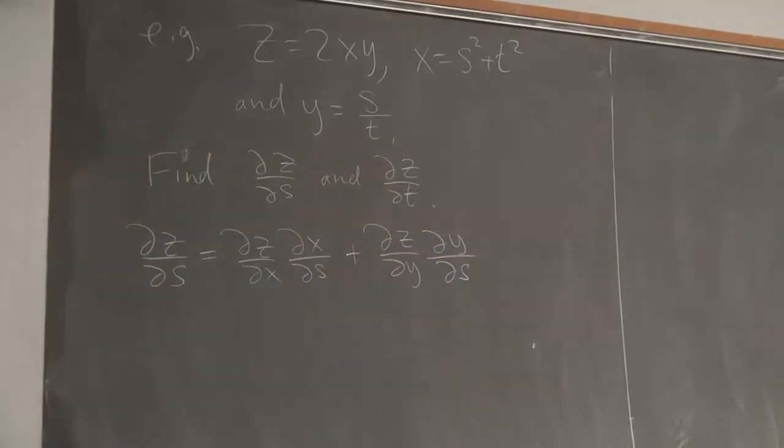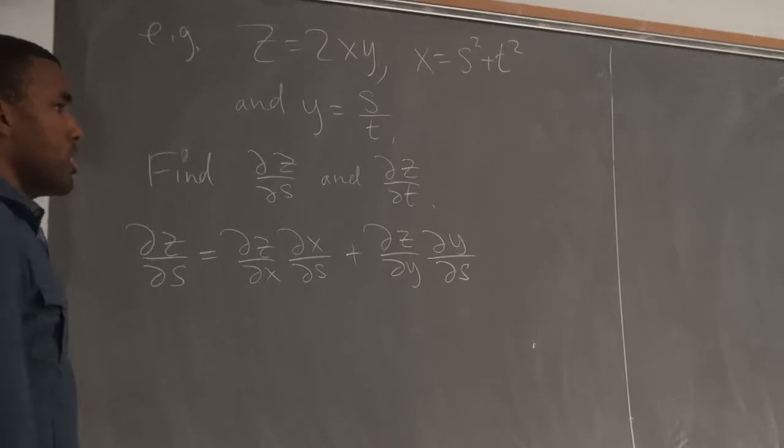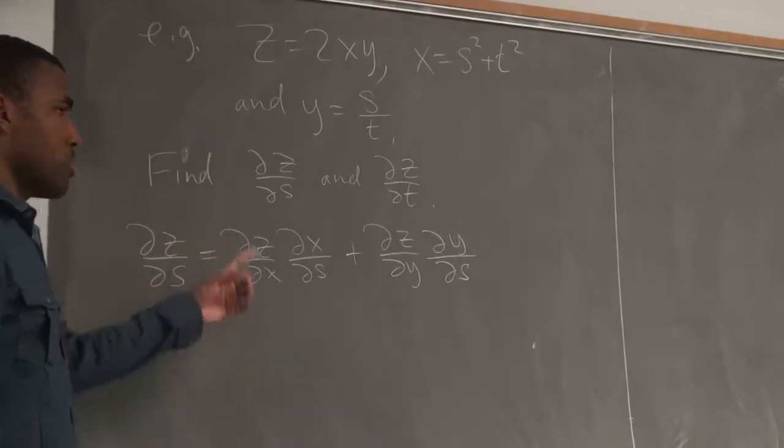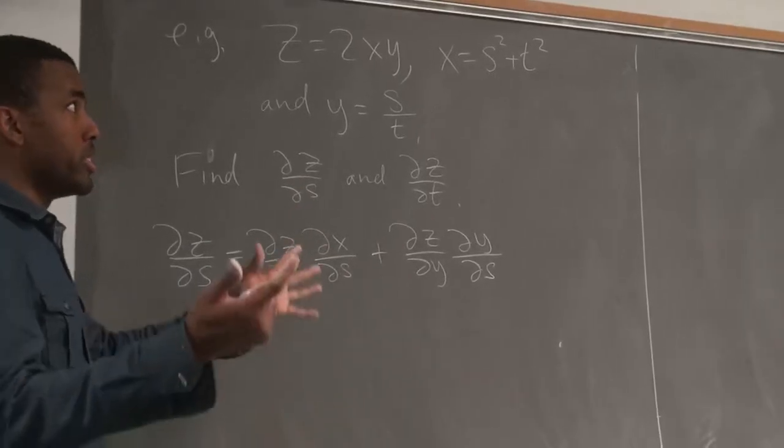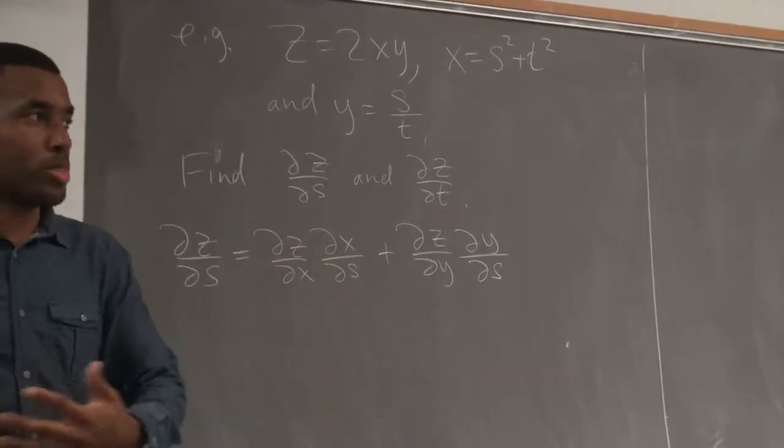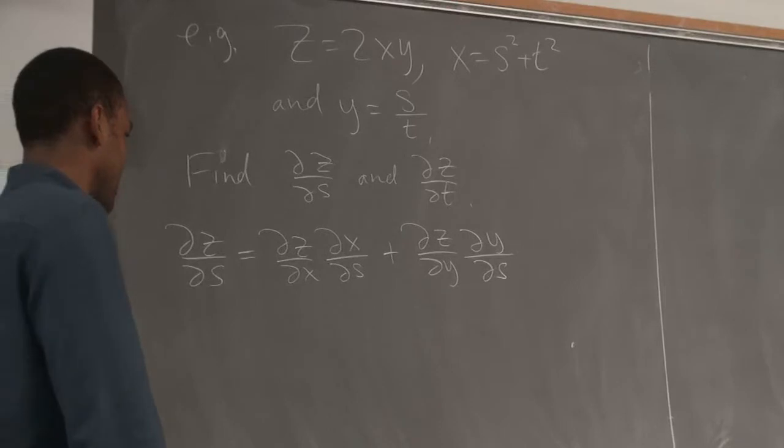From now on, we're going to call these partials, not d's, okay? Aren't they technically lowercase deltas? Yeah, but call it a partial. So partial z, partial x, partial x, partial s. When you say ds, dx, you think of calc 2 differentiation. Technically it's not the same thing.